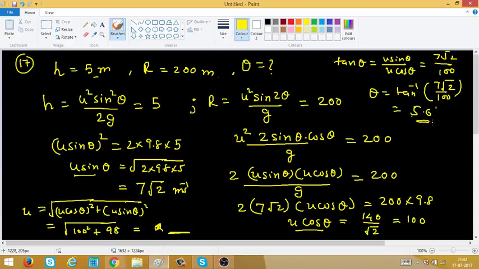Please note that this is 5.6, so it would approximately be equal to 5 degree and 43 seconds or somewhere around that, but we are very close to the answer, and therefore we take this as the answer, 5.6 degree.